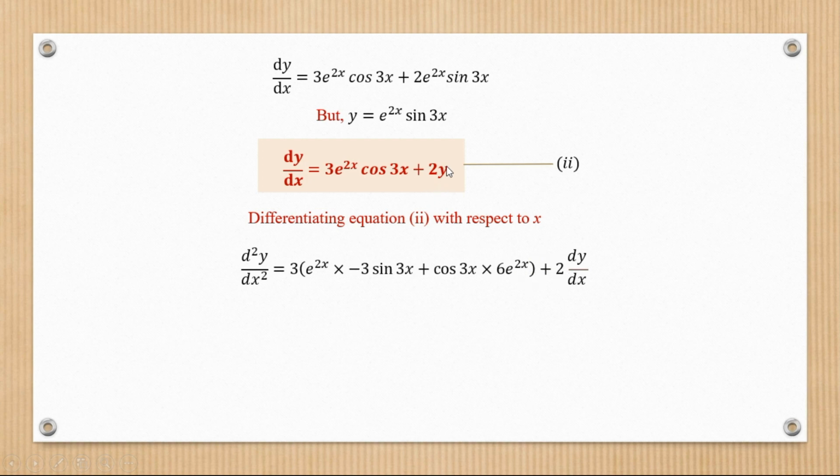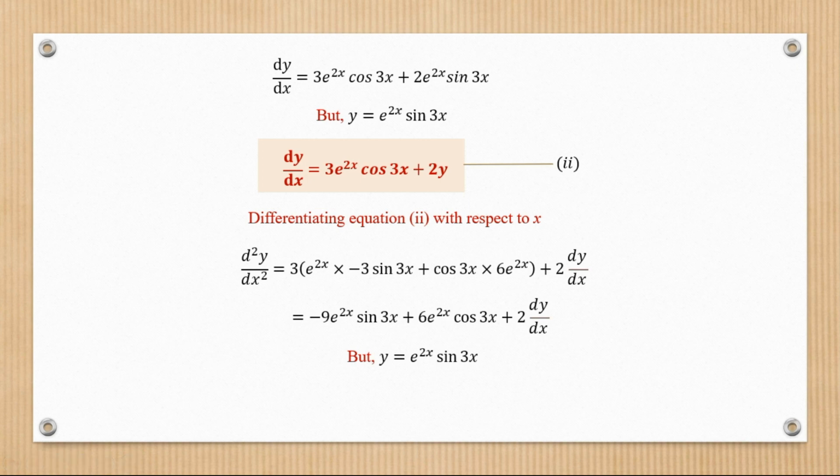Then plus, when I differentiate 2y, I'll have 2 dy dx. Now when I simplify this, I'll multiply this in, and I'll have negative 9e2x sin 3x plus 6e2x cos 3x plus 2 dy over dx.